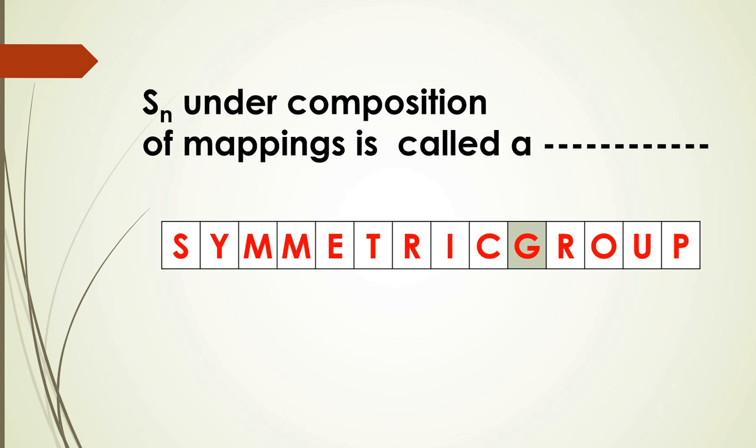If you have said symmetric group, you're great. You can also call it the permutation group, the symmetric group of degree n, or the permutation group on n symbols. Both are acceptable.